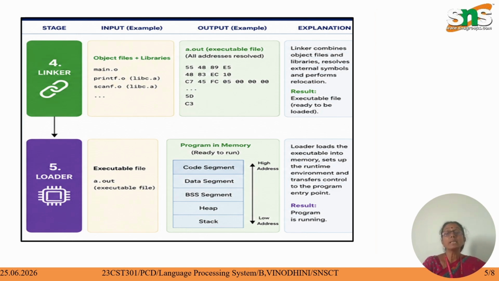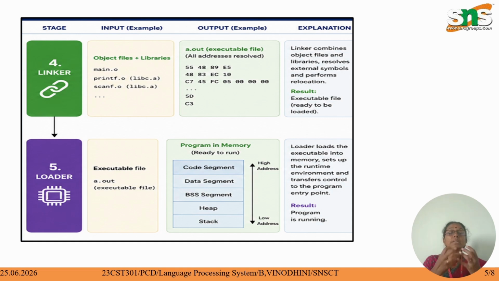The linker combines the object files and the libraries, resolves our external symbols, and performs the relocation. So it links our object file with the libraries and produces the absolute machine code as an output. After that, that file is given into the loader.